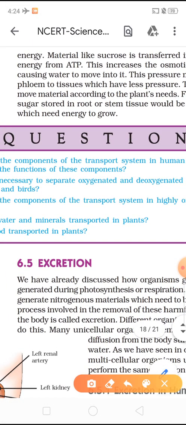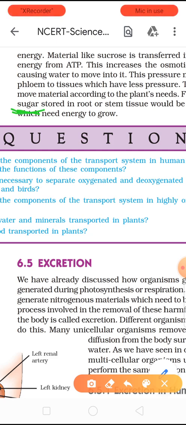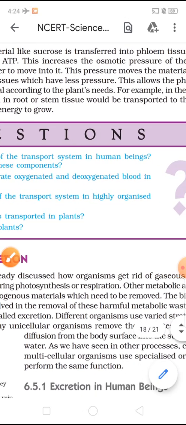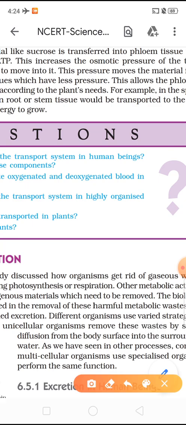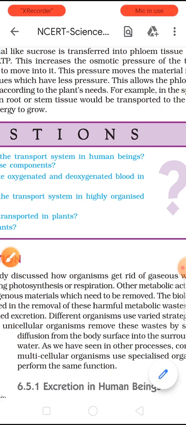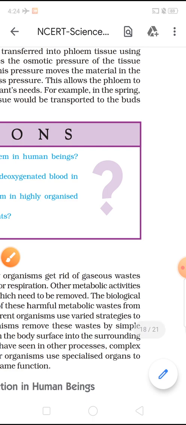So wherever the sugar or sucrose is stored, maybe either root, stem, or leaf, from there it will be moved towards the bud. And that bud will get the energy and it will form a flower.